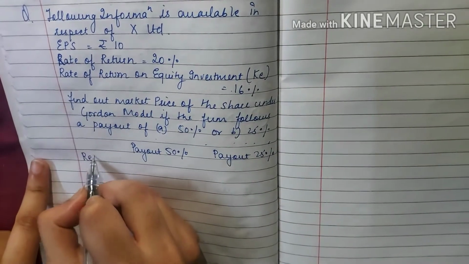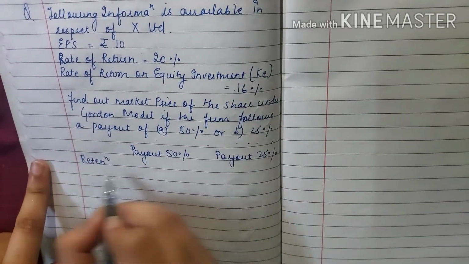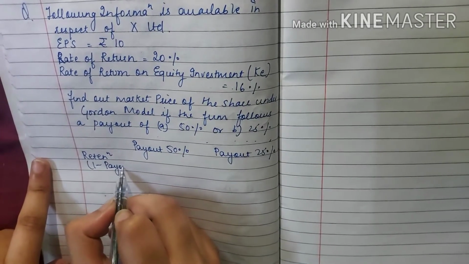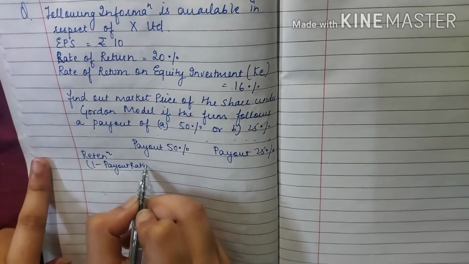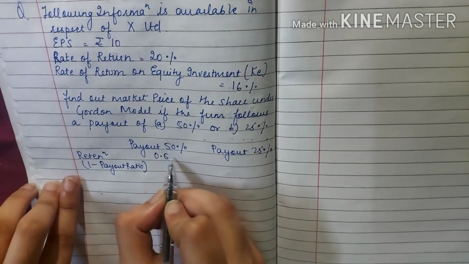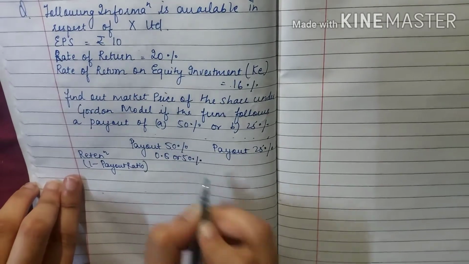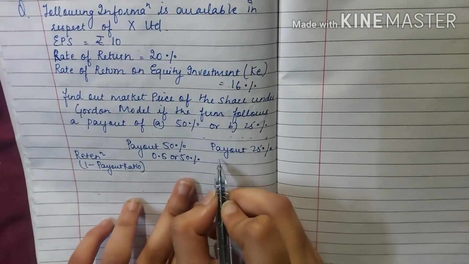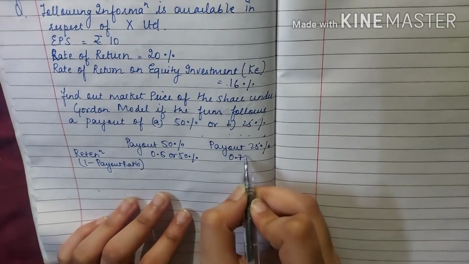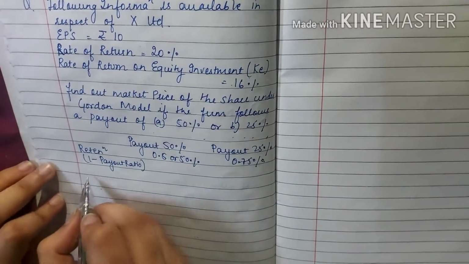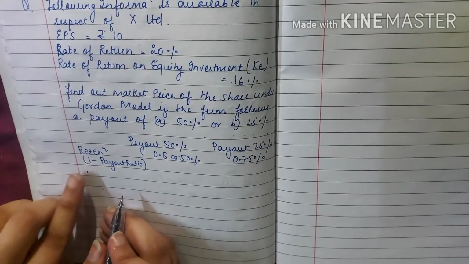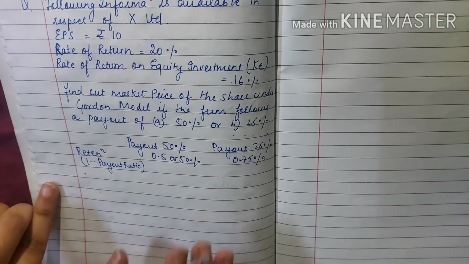So retention will be 1 minus payout ratio. So 1 minus 0.5 will be 0.5 or 50%. Here 1 minus 0.25 will be 0.75. Retention is basically what is retained by the firm.